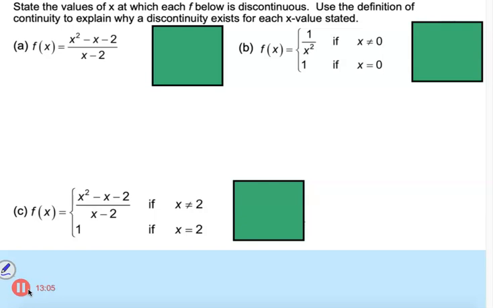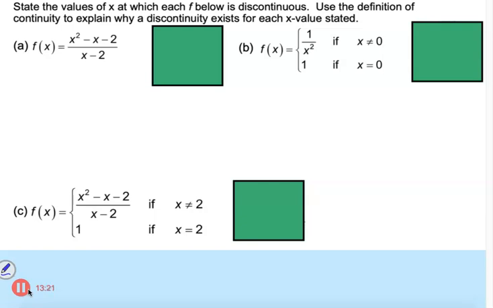Whenever this isn't a piecewise, it's just a traditional old rational function. So if you plug in a 2, do you get out a function value? No. Now, it doesn't matter if there's a hole there or an asymptote.